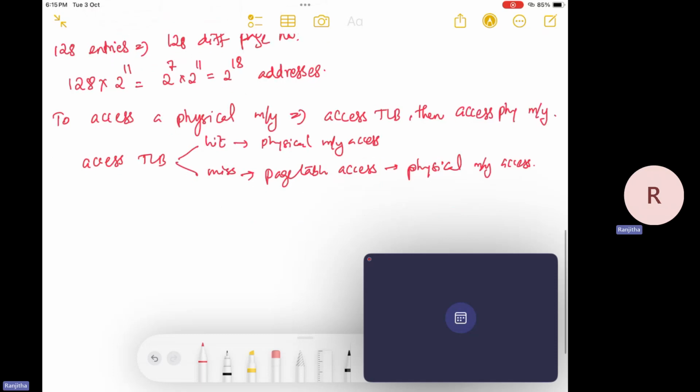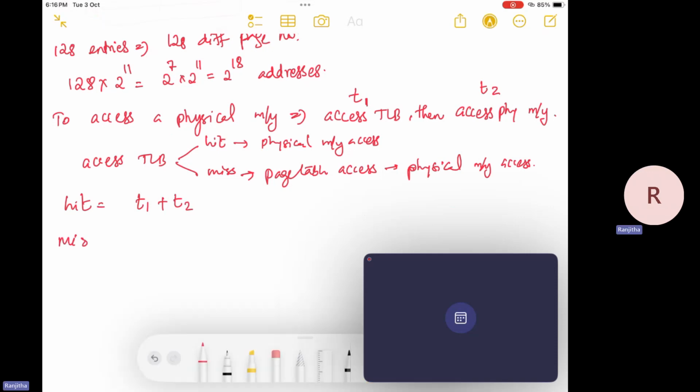So the time that we take to access is first the time to access the TLB, T1, then the time to access physical memory, that is T2. In case of a hit, it will be T1 plus T2.